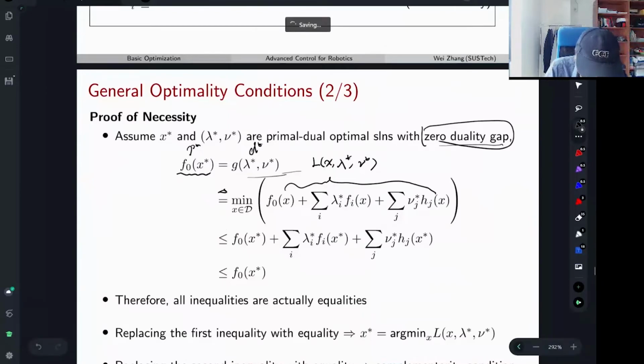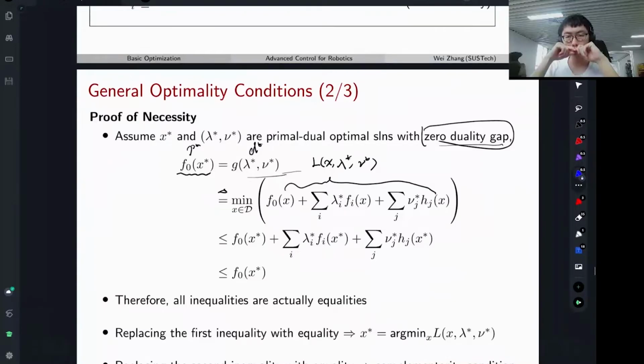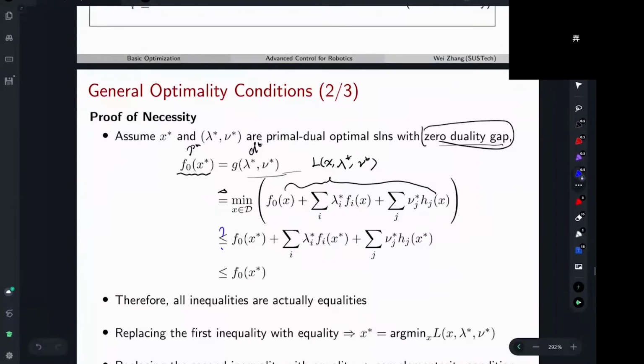So I would say this minimum is always less than or equal to f0(x star) plus this. Do you know why? Because this is a point-wise minimum function.